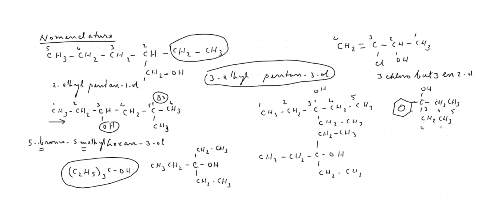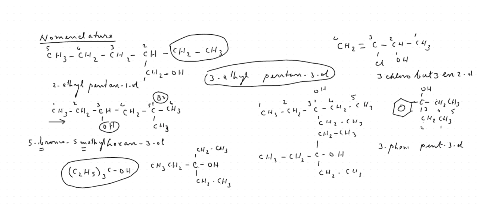Therefore, it is going to be pentan-3-ol. But in the third position, a benzene ring is attached. So the benzene ring can be called 3-phenyl. It is a phenyl group.